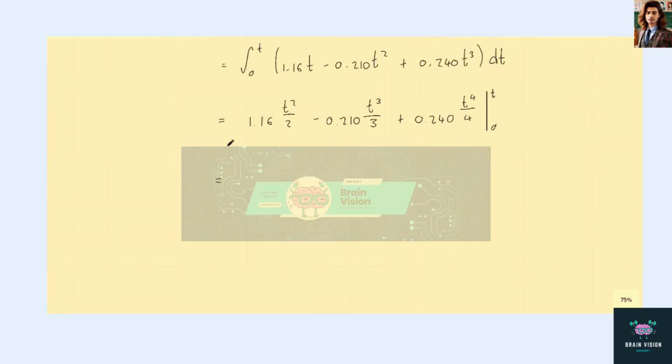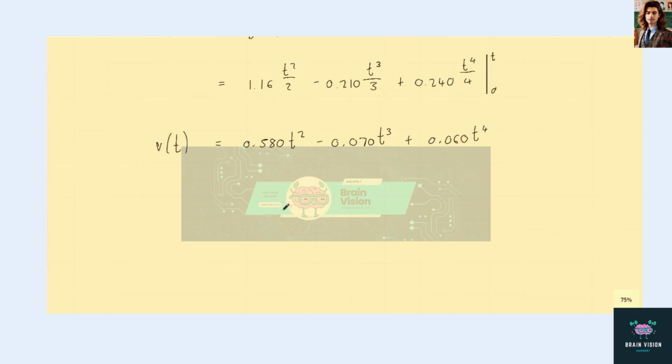This simplifies into an expression for the velocity with respect to time. So v of t is 0.58 t squared minus 0.07 t cubed plus 0.06 t to the power 4. Now we have an expression for v as a function of t.